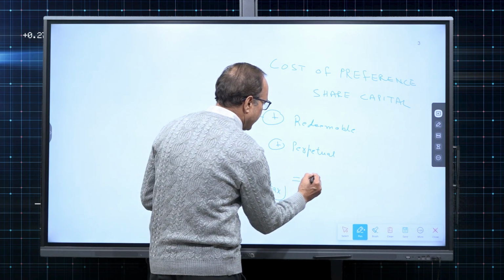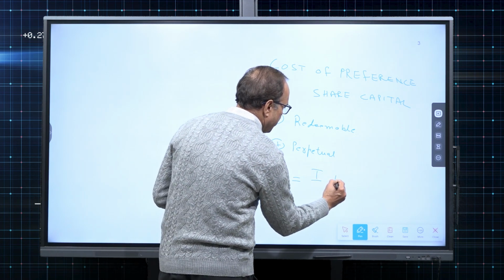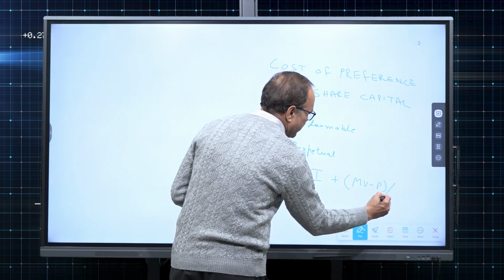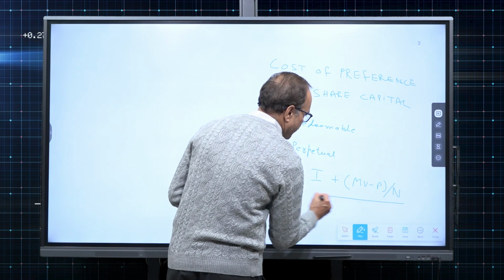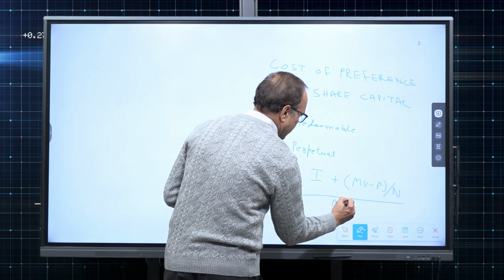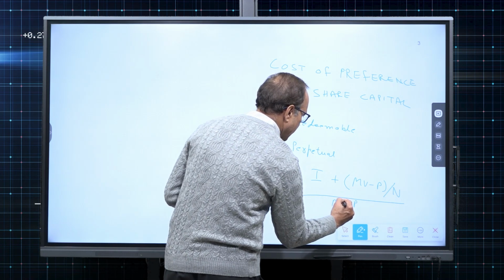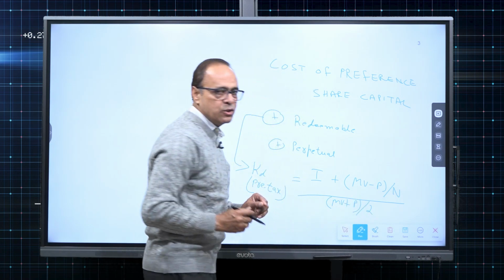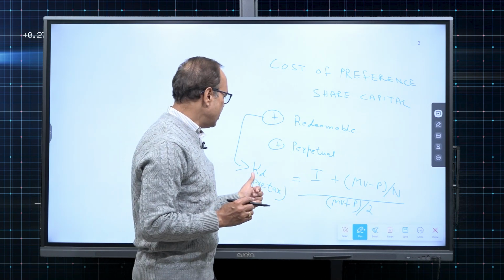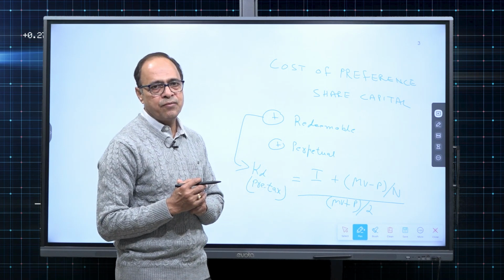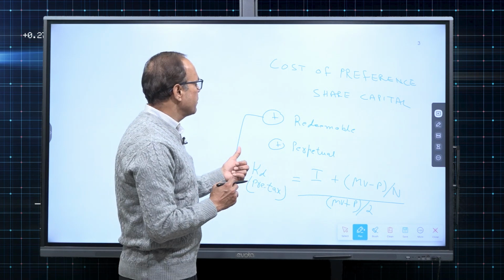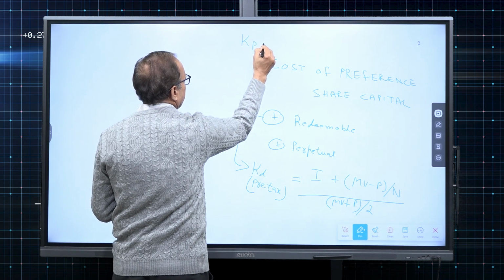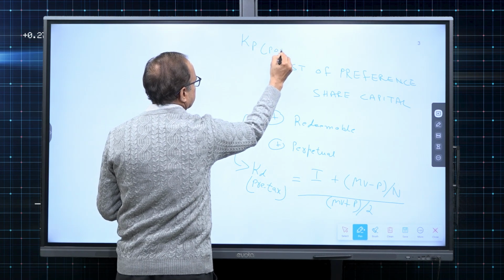So, we had a formula like this, I plus (MV minus P) divided by N, then (MV plus P) divided by 2. By using this formula, we calculated pre-tax cost of debt. Now, the same formula can be used for calculating KP, post tax.